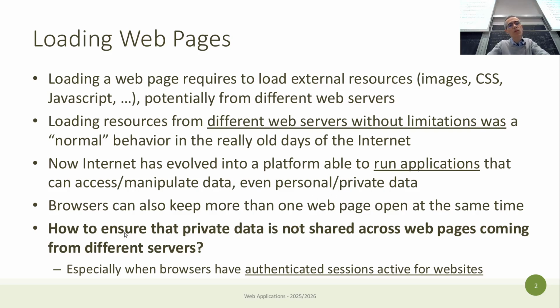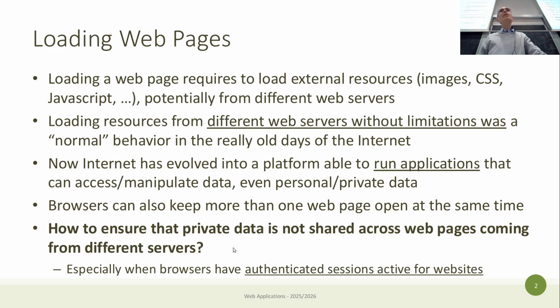How do we ensure that private data is not shared across web pages coming from different servers? Of course, across tabs, the browser can try to mitigate the problem because the browser knows there are different tabs. It's like you have two different windows open, and the browser knows that what you do in one window shouldn't go into another window, okay? At least in principle, okay?